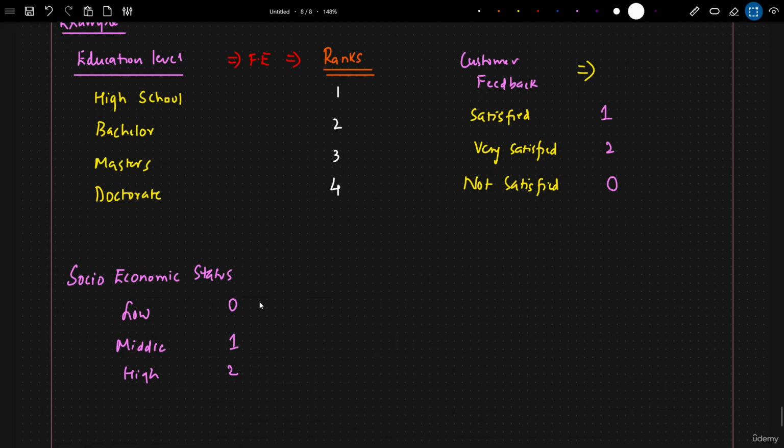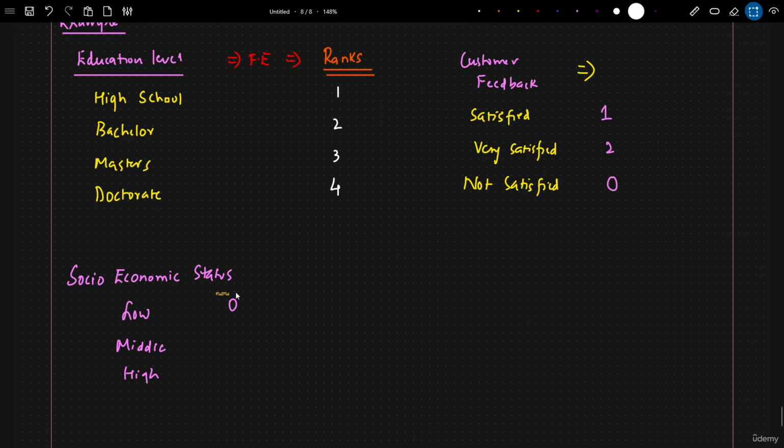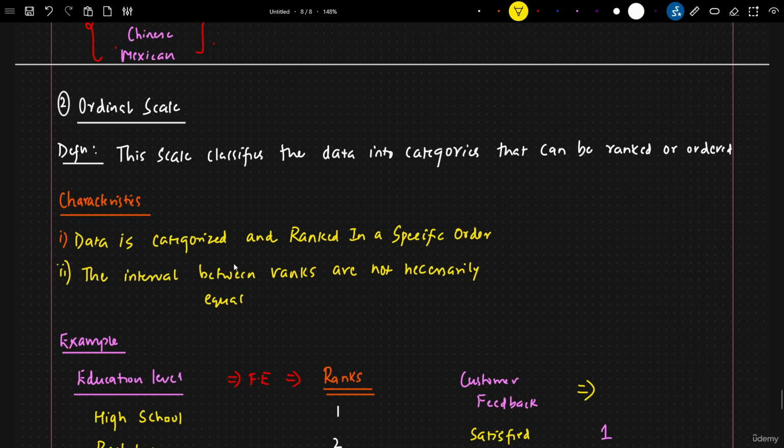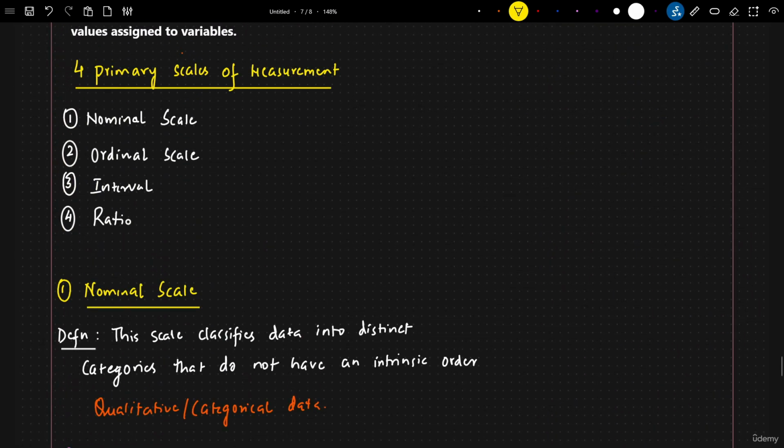So the government changes these ranks to some other values. Let's say they want to create policies that are more focused towards lower income, then this will be a higher rank. So I will say 2, 1, 0, right? So this kind of ranks can be specifically assigned. And this is about ordinal scale, and I have discussed it with multiple examples. Now the third scale that we are going to discuss is interval scale.